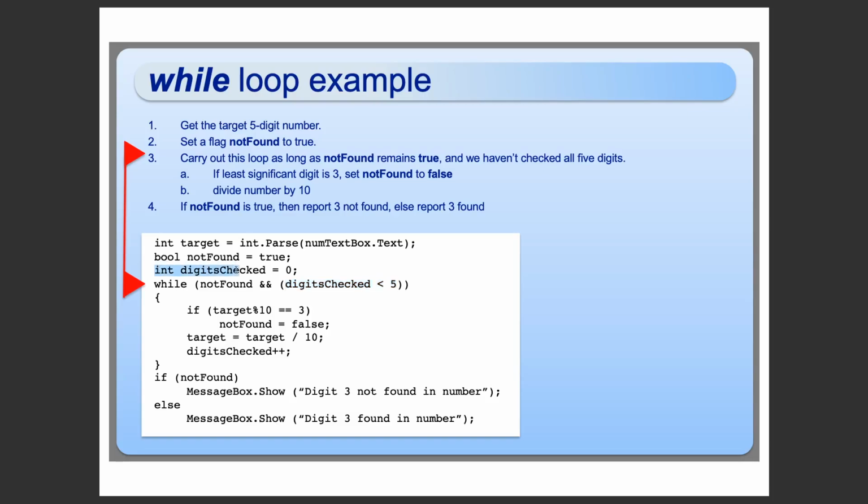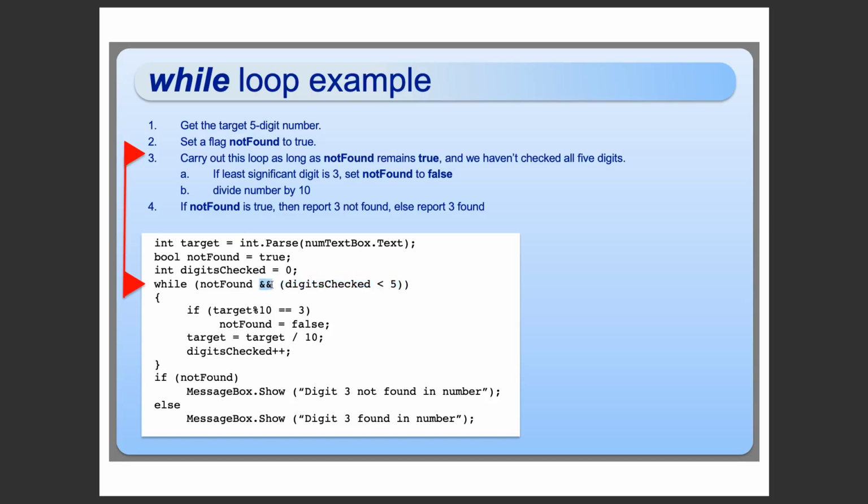And the idea is that this is going to start at 0, and it's going to increase every time we check a digit. So after increasing by 1, it's going to be 1, then it's going to be 2, then 3, then 4, and then 5. When it reaches 5, this expression here becomes false, right? So while digits checked is less than 5, it's true. Once digits checked becomes 5, this becomes false.